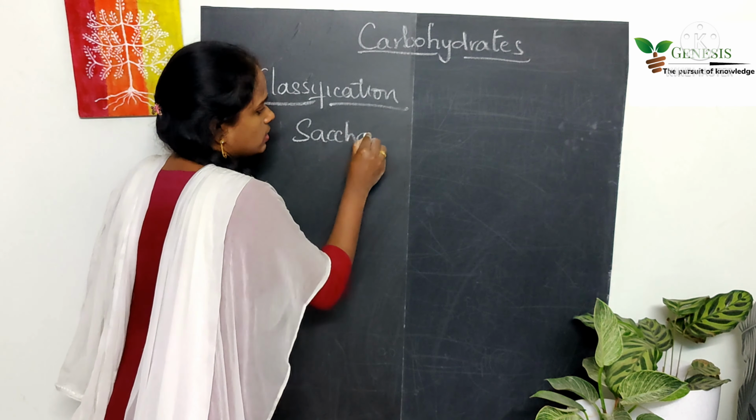So monosaccharides, as we have discussed, mono means single, saccharide means carbohydrate or sugar molecule. So here they possess a single sugar unit, or we can say a single polyhydroxy aldehyde or ketone unit.